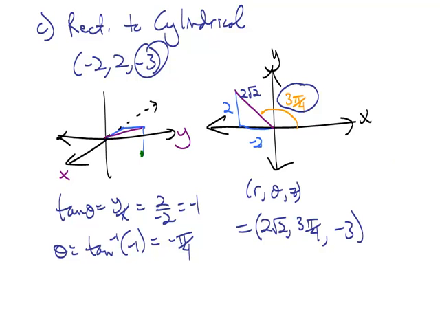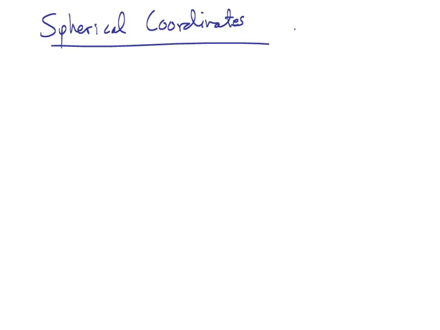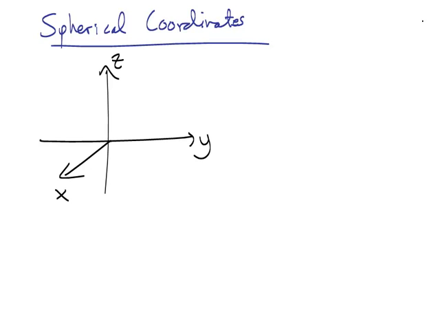Alright, I think that's probably enough with cylindrical. Let's take a stab at spherical coordinates. Now these are so named because they very nicely describe spheres, and we'll see more of that later on. But here's how we're going to take a look at these things. Here is our point in 3 space, x, y, and z.